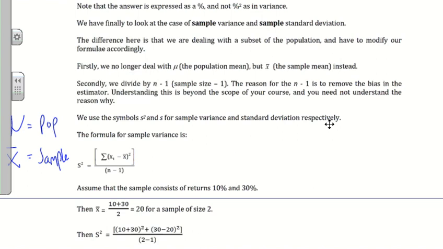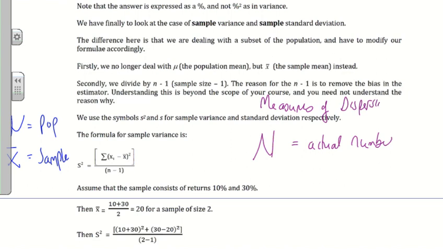However, when I'm dealing with the variance, standard deviation, doesn't matter which one, I'm just going to denote it by a big N, which equals the actual number, whatever the actual population is, for any measures of dispersion. They are what they are. Everybody comfortable? But for little n, when I'm dealing with a sample, I'm always going to go n minus 1.